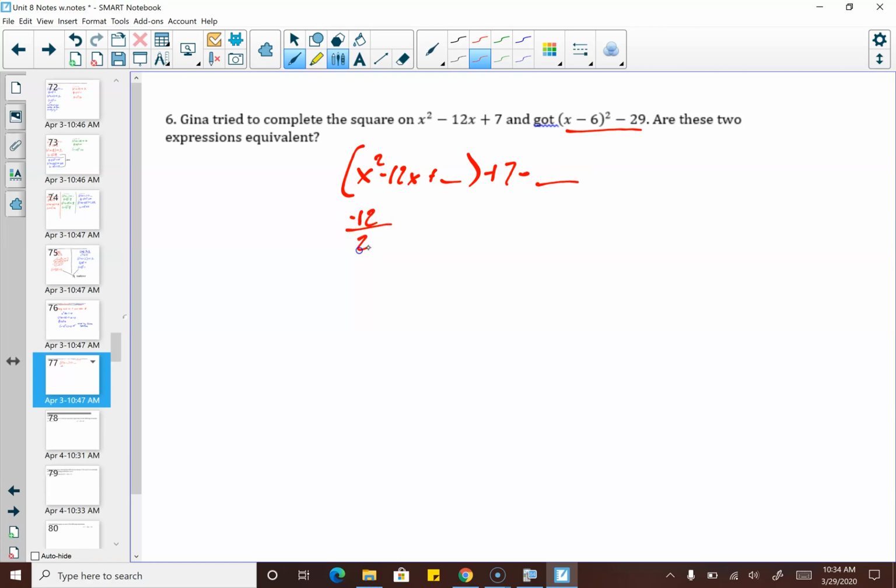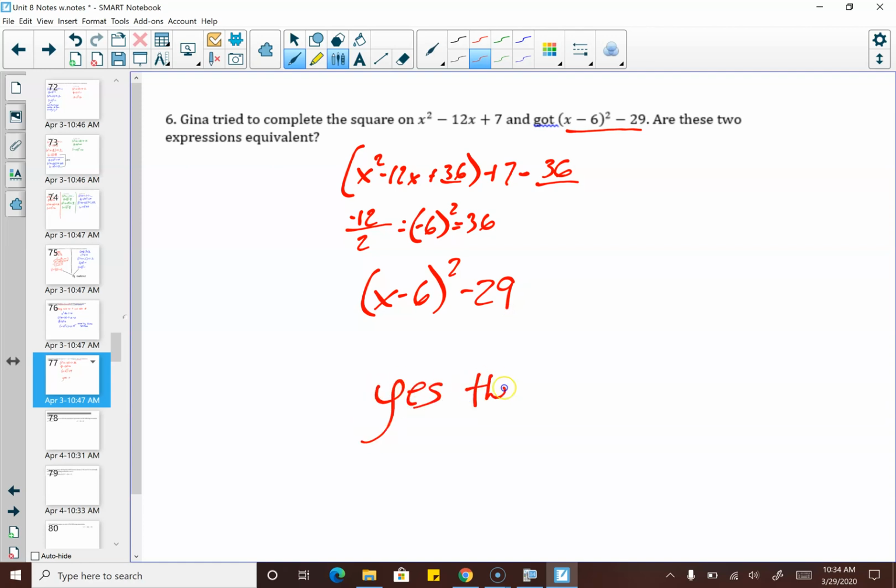So we take our negative 12 divided by 2, we get negative 6. Negative 6 squared is 36. So we know this turns into (x minus 6) squared as our parentheses, and then 7 minus 36 is negative 29. So the answer to the question is yes, these two are equivalent.